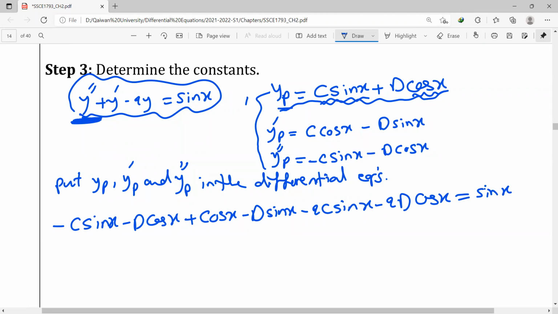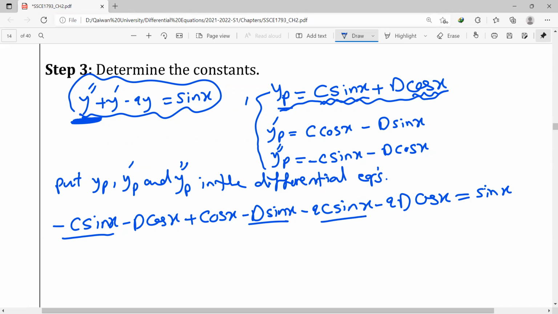Now we simplify the left hand side, then we compare both sides. Then we can find the values of C and D. First, let's simplify the left hand side. Let's write down all sine terms together and cosine terms together also. We have these 3 sine terms.